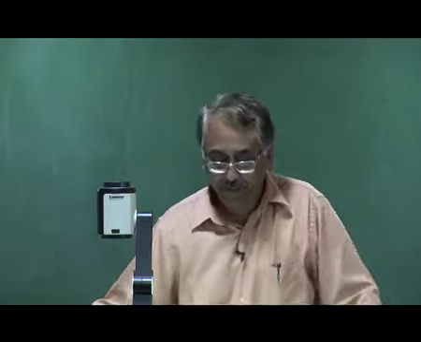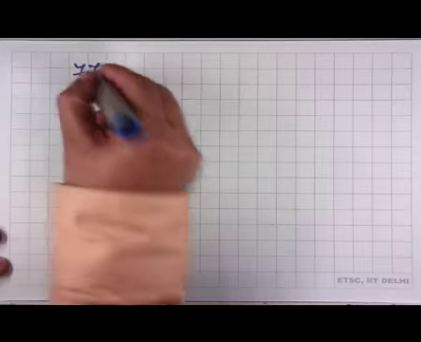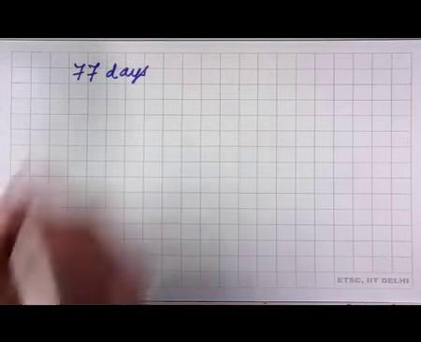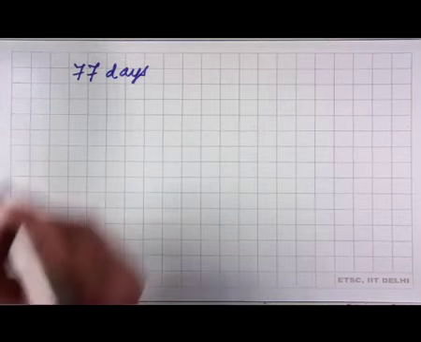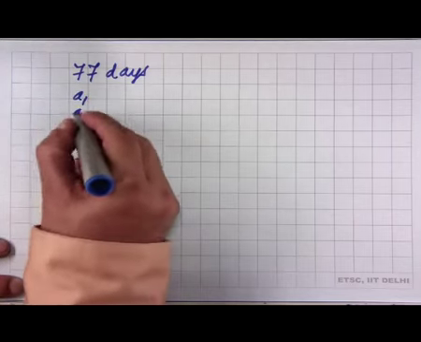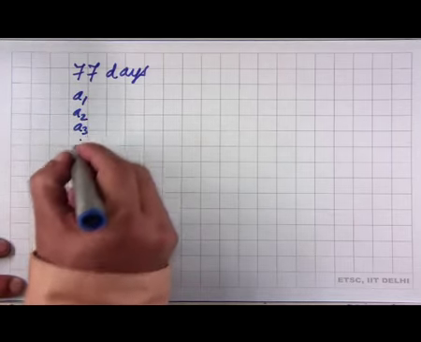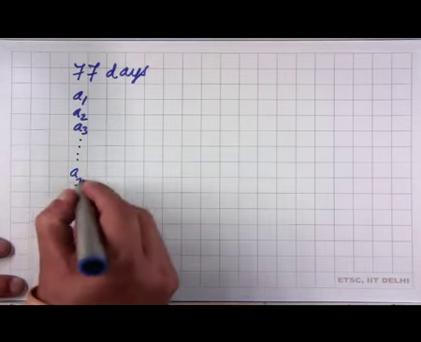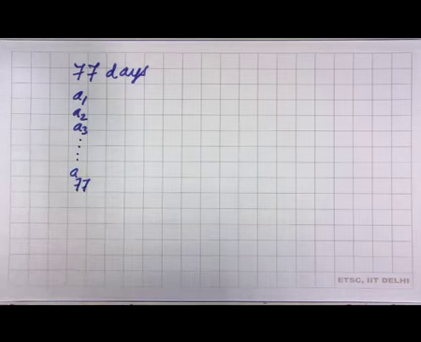All right. So let that sink in. And while that sinks in, let me just turn this and try to work on this. What do I have in hand? So I have a player who has 77 days to prepare. Let's just call A1, A2, A3, and so on and so forth, A77, a sequence of positive integers, which tells you how many games he has played at the end of that day.